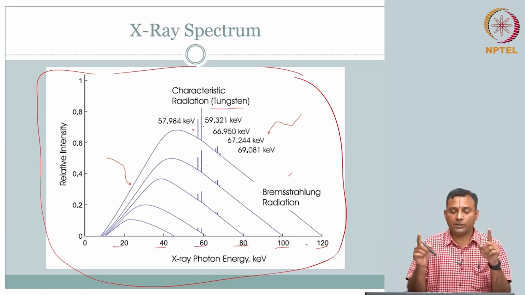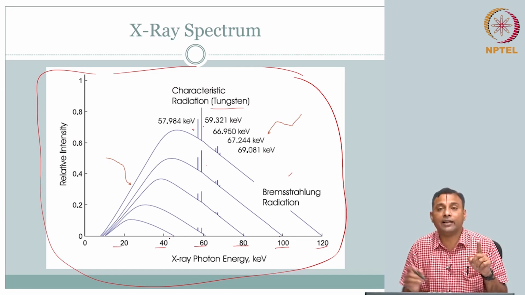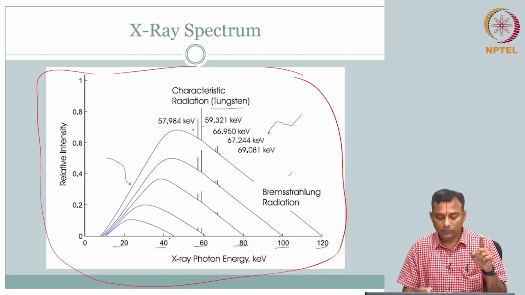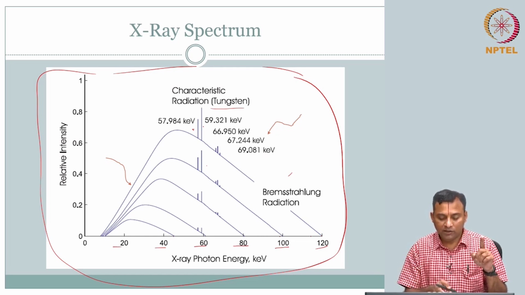So I do the first experiment. I have a voltage drop of 20, right? Here I don't see anything. Here 40, whatever, slightly greater than 40, slightly greater than 61, 80, 100, 120. So I run the X-ray tube with different voltage drops.